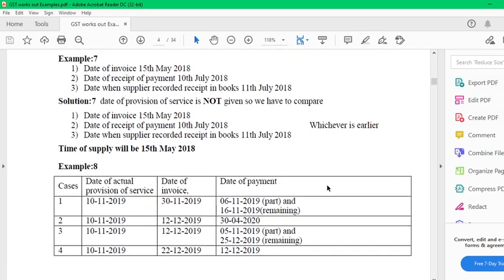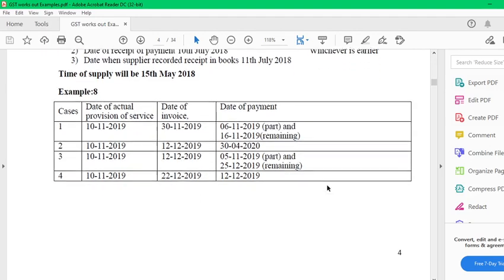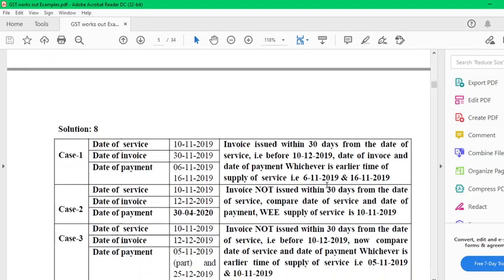Example 8. Each case is considered differently. There are 3 cases here. Date of service is 10/3/2019, date of invoice is 3/11/2019, and dates of payment are 6/11/2019 and 16/11/2019. There are 2 payments, in the same month. Under this case, first you compare the date of service and the date of invoice.